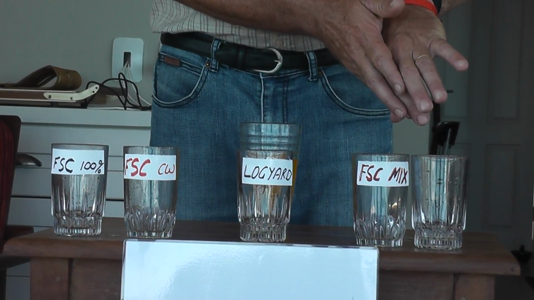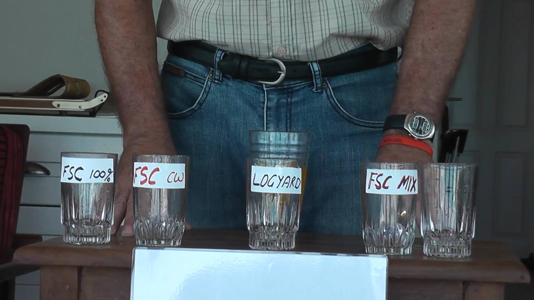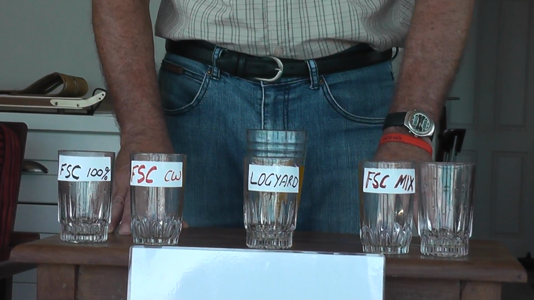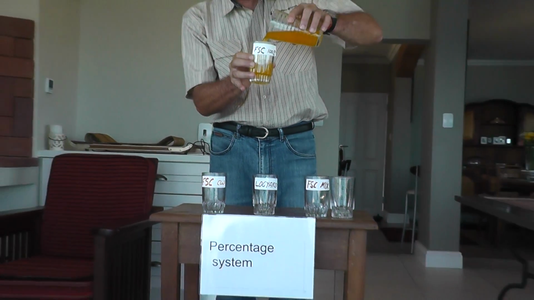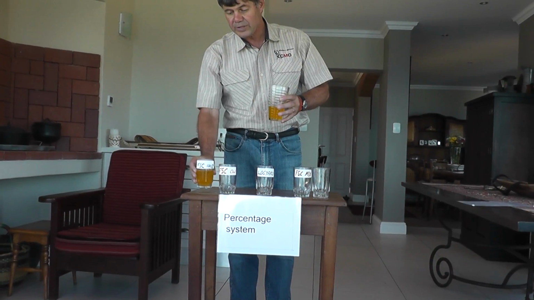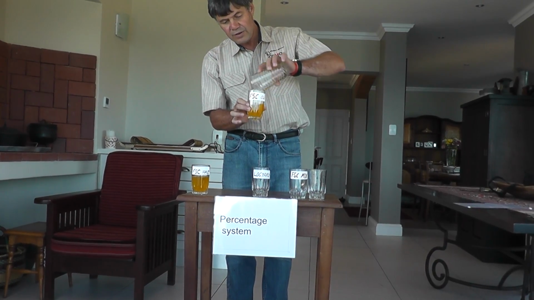So let me explain to you what we can and cannot sell in terms of the percentage system. So to start off with, let's assume that we've got 5 units of FSC 100%. We have 5 units of FSC controlled wood.